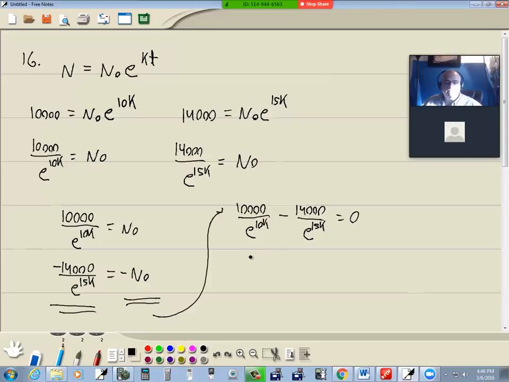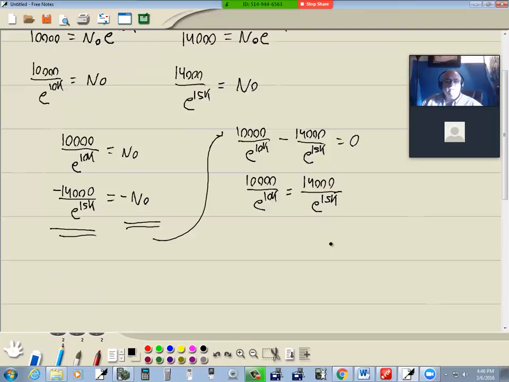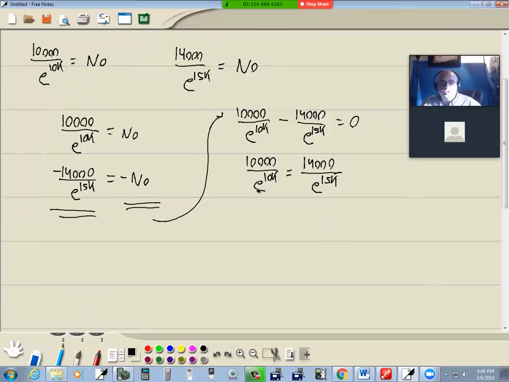And at this point, what I did is I took that over and came up with this. And then since this is a proportion where you have a single fraction equals single fraction, you can cross multiply. Right. So you take 10,000 e to the 15k is equal to 14,000 e to the 10k.